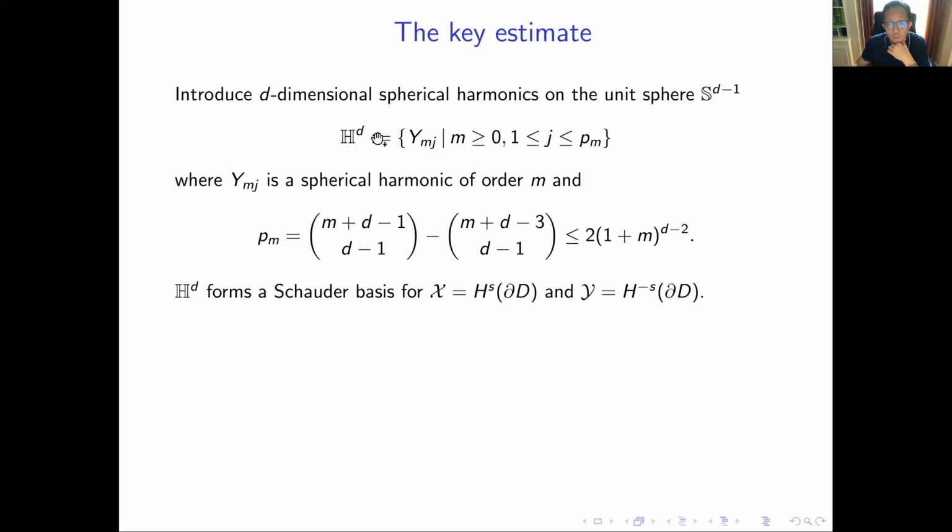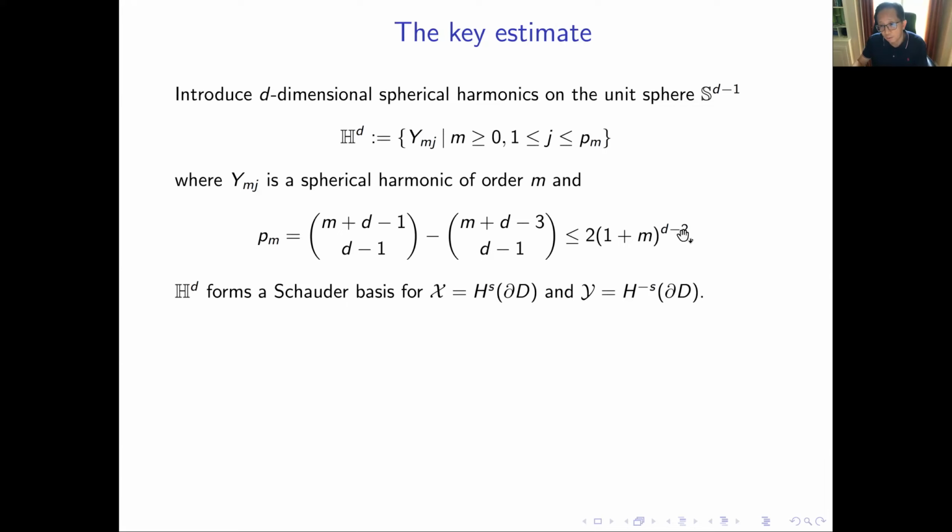We only have to focus on how each of these maps, if my incoming source is a spherical harmonic, to the outgoing measurement. For each m, there are j harmonics, and the number is here. Those are technical, but needed to do the estimate.